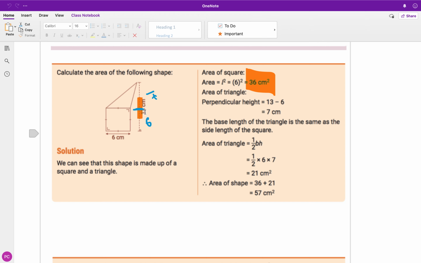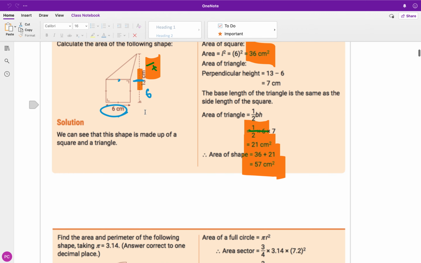Half the base of this is going to be 3, multiplied by the perpendicular height, which we worked out to be 7. So half of 6 by 7 is going to be 21. Then we add the area of the square to the area of the triangle to give you 57 centimeters squared.